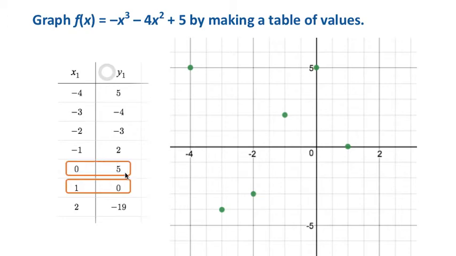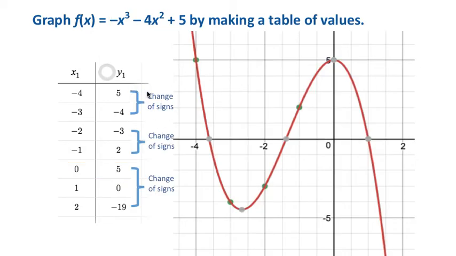Two important points there are your y-intercept and your x-intercept. It's a power of 3, so there could be 3 x-intercepts, and we can already tell there's probably one about there and one about here, where the signs change. So there are our 3 x-intercepts.